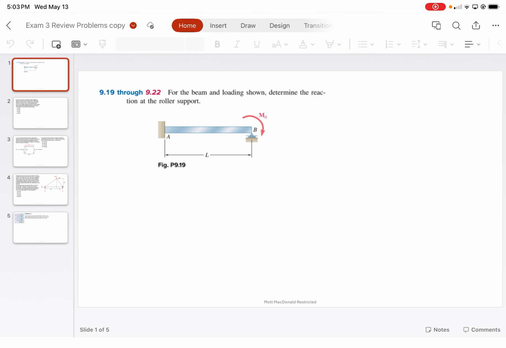For this first problem, all I am asking you guys to do is to determine the reaction at the roller supports.